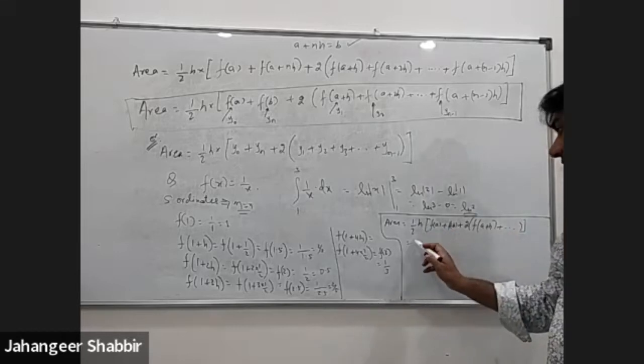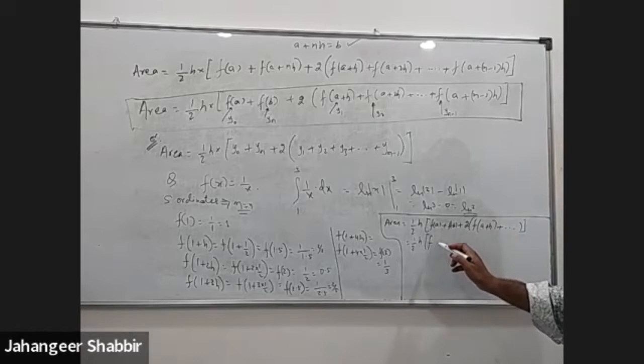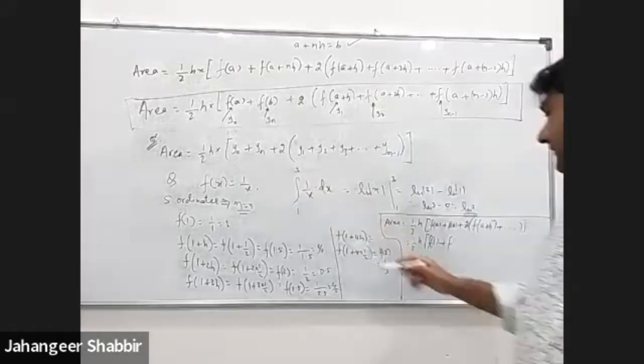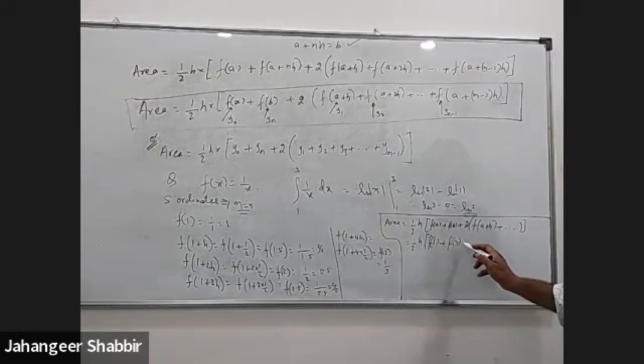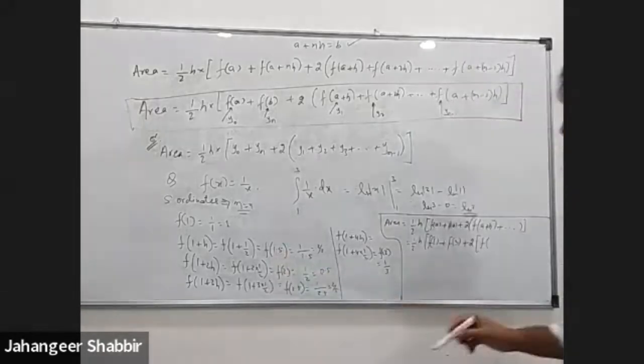So according to our question, that will be half times h times f of a, which is 1, and f of b means the last one, which is f of 3. Did you understand? And 2 times the inside f of a plus h, which will be 2 by 3.